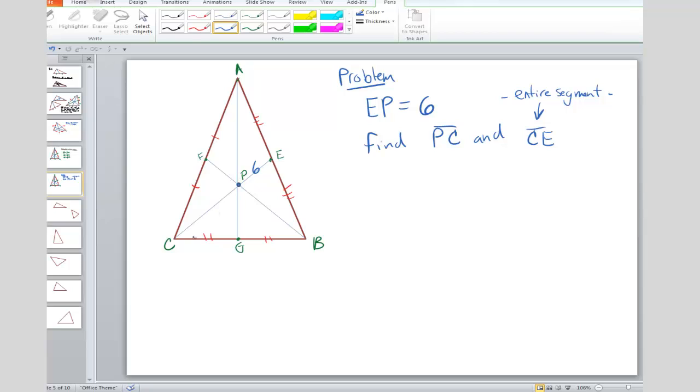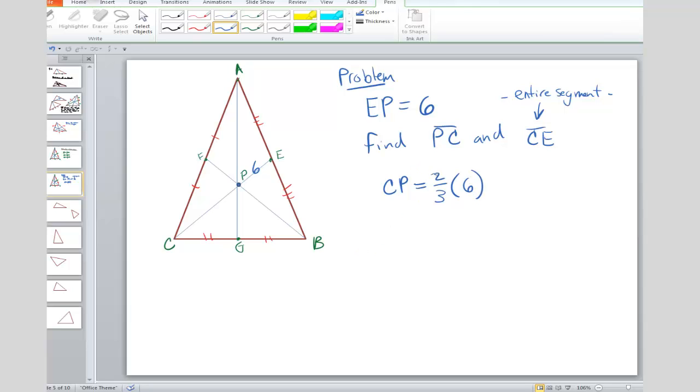Now, it says PC is 2/3 bigger than PE, which means that that 6 is like 1/3, and therefore we have 2 of them. So we should have some sort of nice ratio, right? Nice number here. So if we want to write out our equation, it turns out to be CP equals 2/3 PE, which is 6.